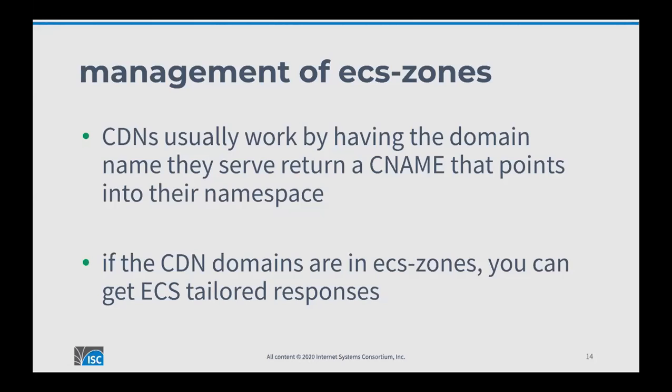So if you have those CDNs in your ECS zones, then those queries for those domains are going to all get ECS tailored responses, even though you haven't explicitly put all those zones into your named.conf.